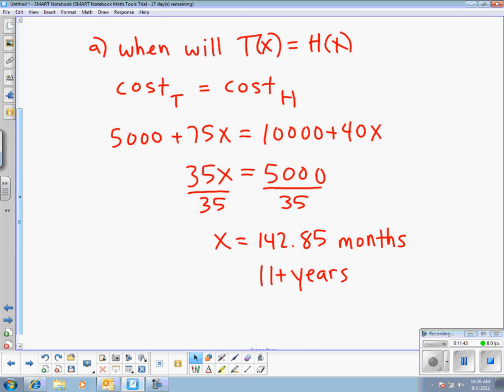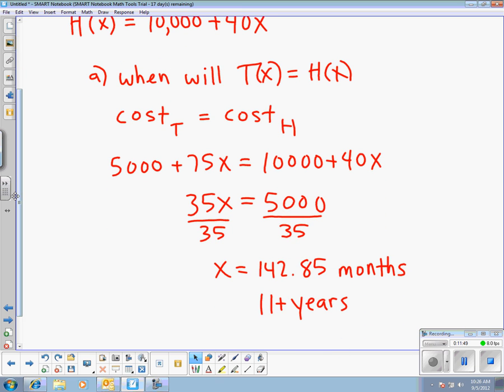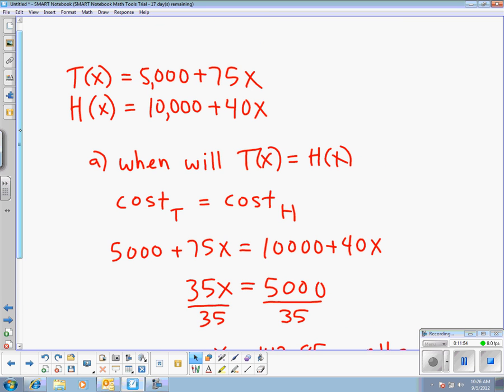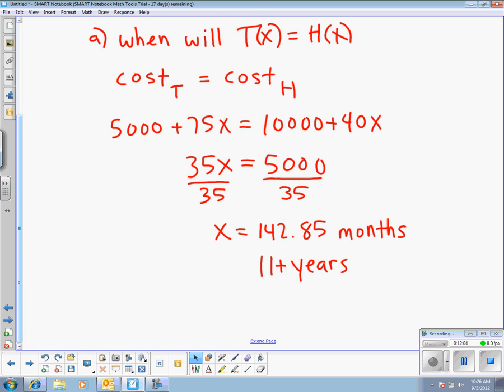But strictly speaking, if this is the cost of the truck and the hybrid, you're better off with the truck for the next 11 years. So that's just one quick example. Other examples, they'll say, how much does it cost you to drive the truck for 18 months? And you'll plug in 18 and solve. But really, the ultimate question is always going to be, what's the intersection of these two?